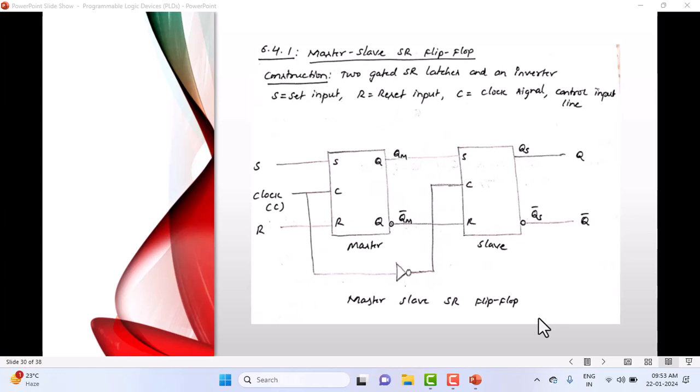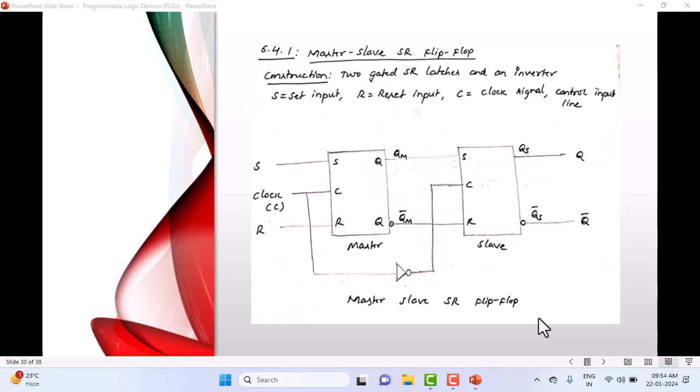When the clock goes 0, what happens here? The outputs of this have some propagation delay. We don't pay much attention to the propagation delay. Every circuit will have its own propagation delay. Let's assume that the master has already captured the input, S and R, whatever you apply, and it has changed its state. And this change of state will not be acquired by the slave flip-flop until the slave becomes enabled.